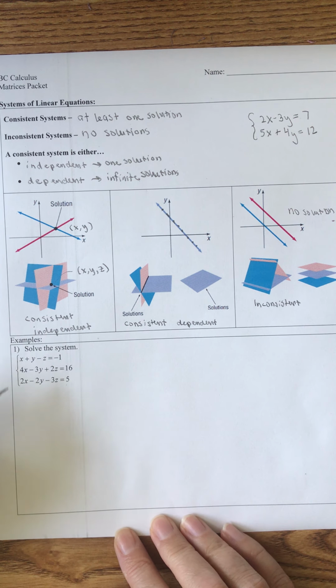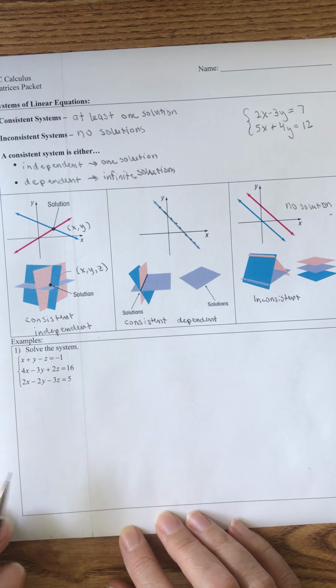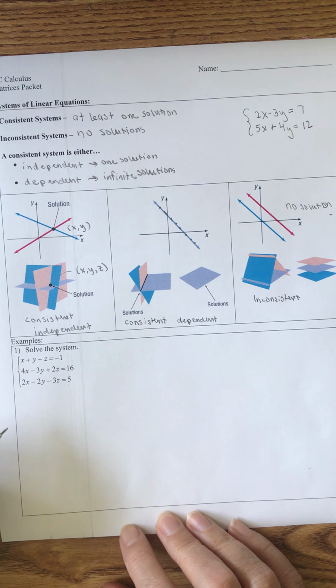All right, so I thought we've reviewed solving two-dimensional systems throughout the course at different times. So we're just going to go ahead and start with a three-dimensional system, and we're going to solve it without the use of matrices, and then we'll build up to using matrices to solve a system like this.